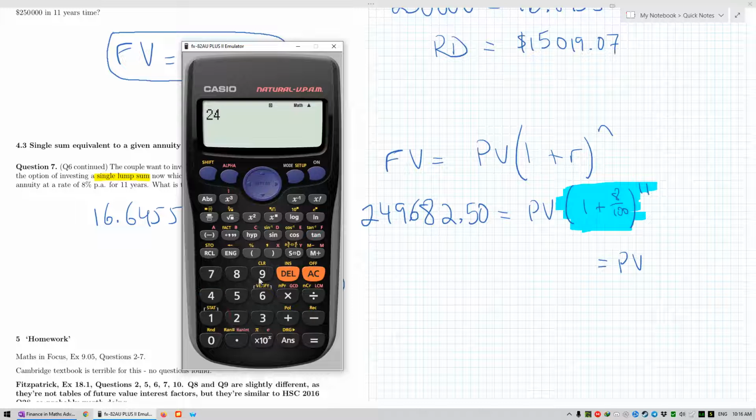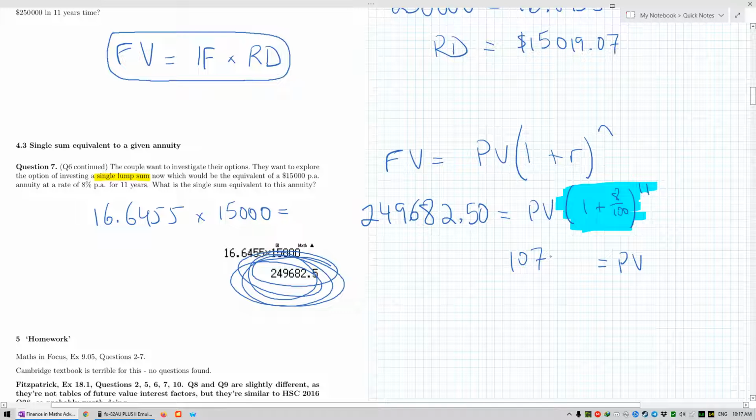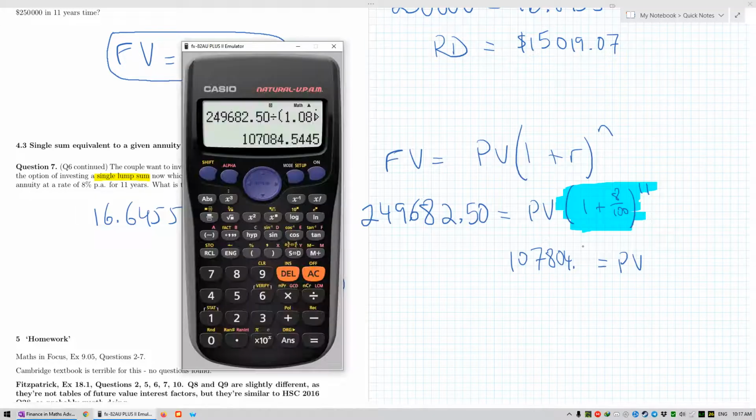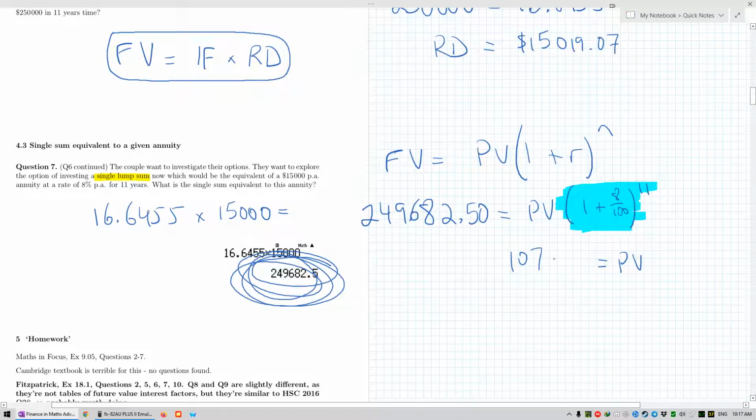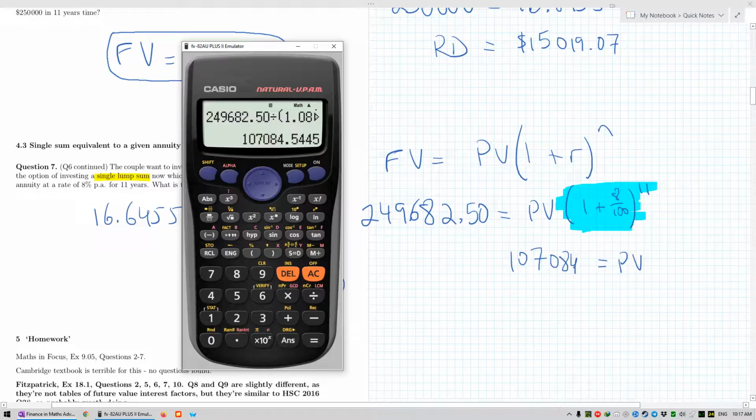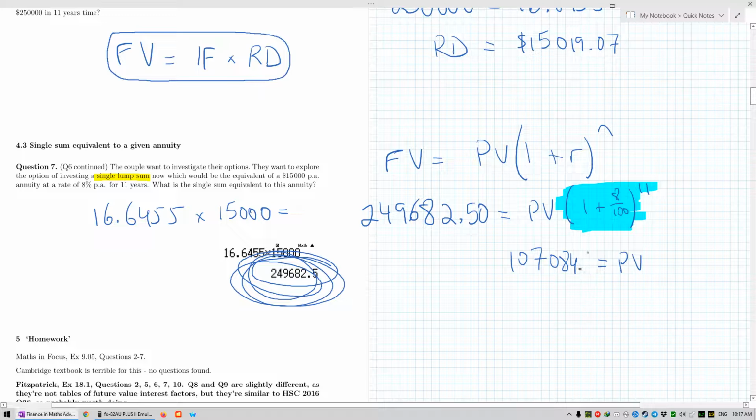So 249,682.50 divided by 1.08 to the power of 11. And once again, if you're not sure how I got 1.08, it's just 1 plus 8 over 100. You'll see it's 1.08. And so there we go: 107,084.54.